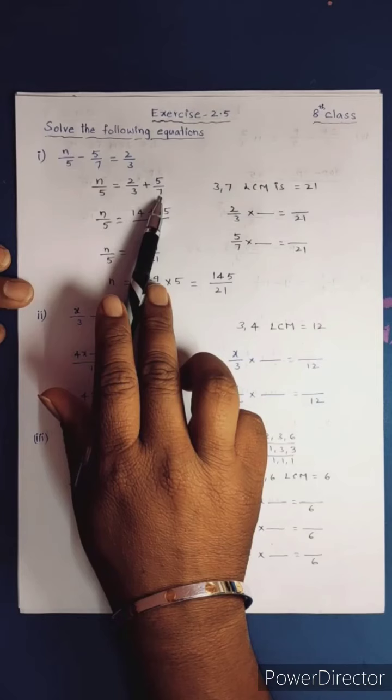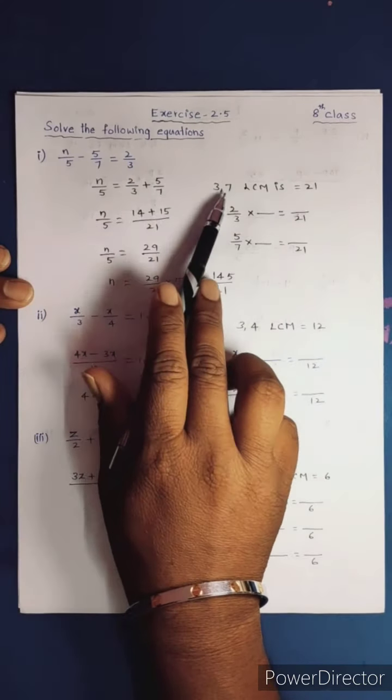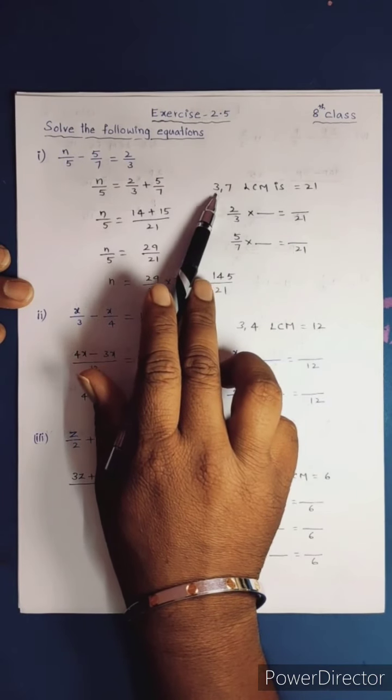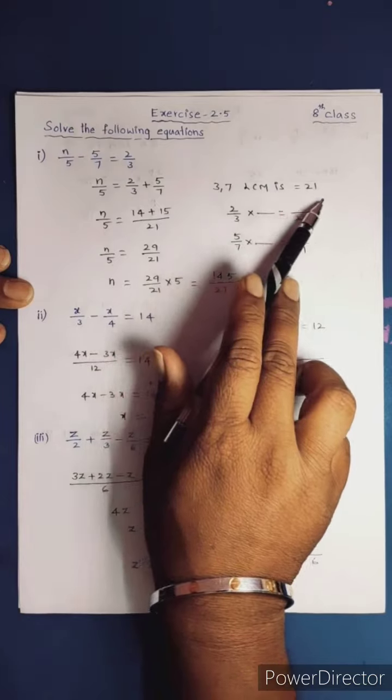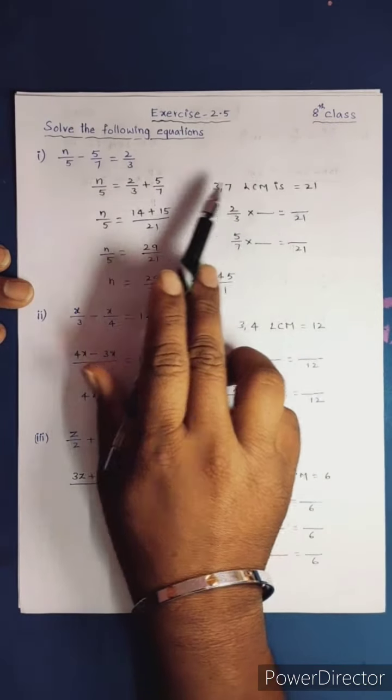To change to like fractions, we need the LCM. The LCM of 3 and 7: they are co-prime numbers, so their LCM is the product. 3 sevens are 21. Now change 3 to 21 and 7 to 21 in 2/3 and 5/7. Which number multiplied with 3 becomes 21? 7.